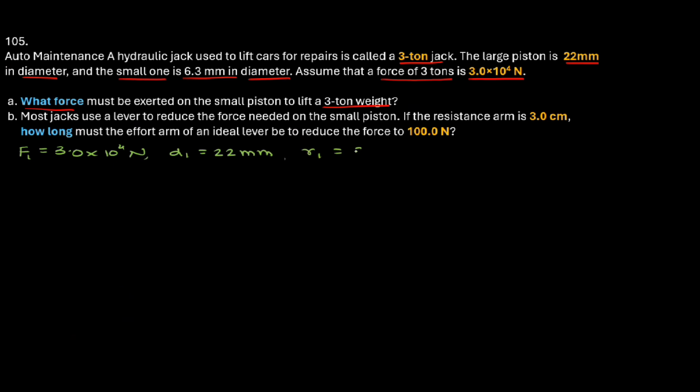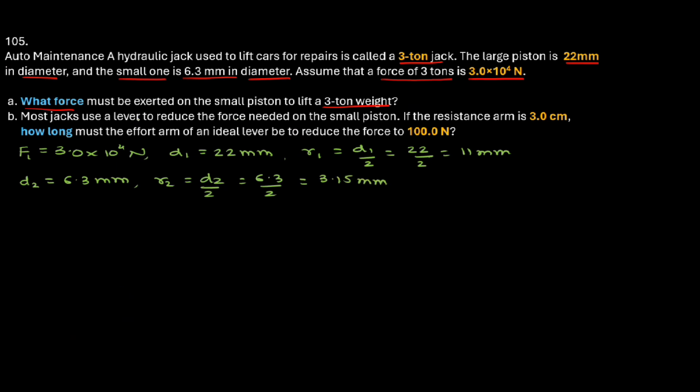We know the radius is half of the diameter, so that will give me 22 by 2, which is 11 millimeter. Then I have the diameter of the smaller piston, D2, which is equal to 6.3 millimeter. I will find the radius of this piston as R2, which is D2 by 2. That will be 6.3 divided by 2, equal to 3.15 millimeter.